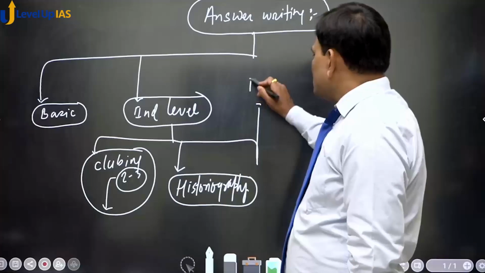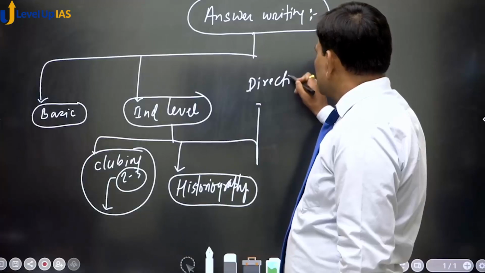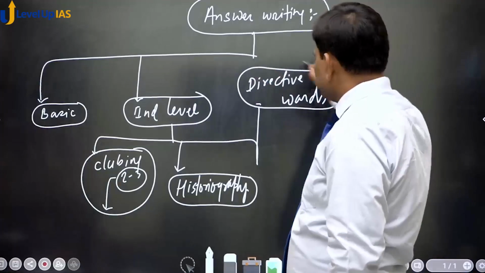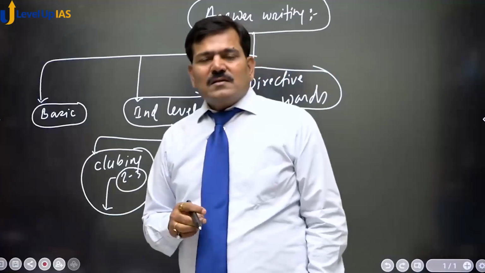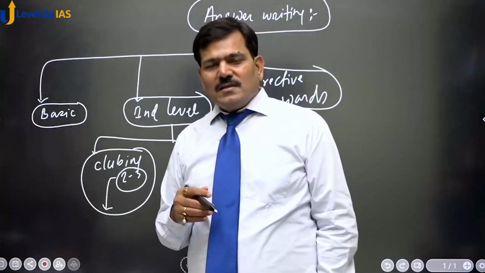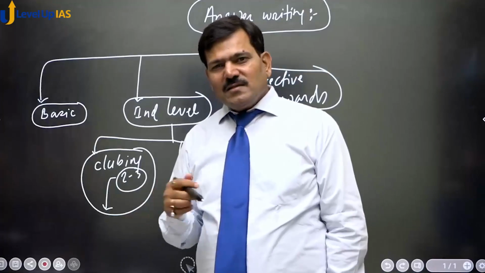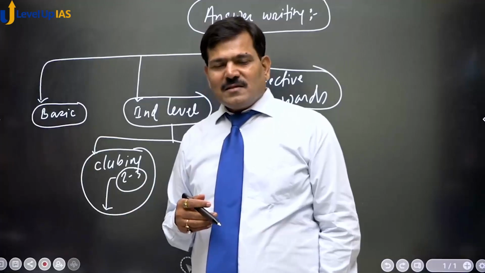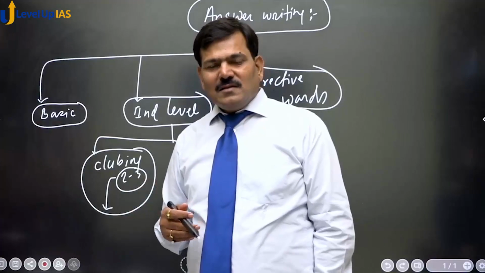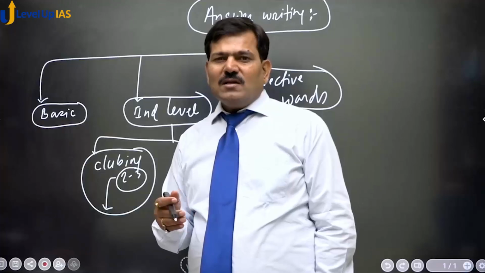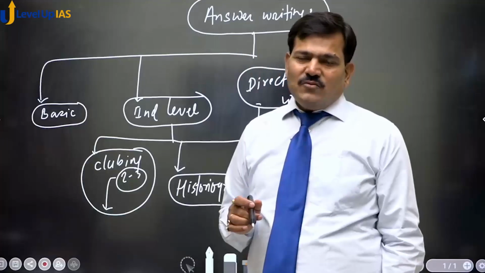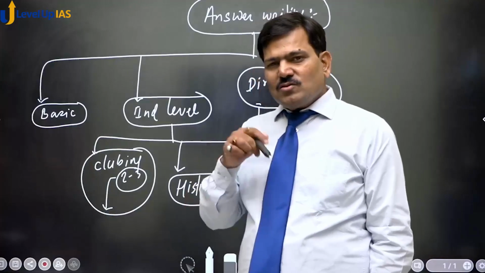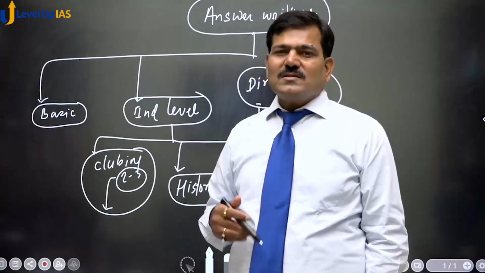The third thing is about the directive words. Directive words like throw light, elucidate, comment, determine the role, evaluate, critically examine. These are the words which are called directive words, in which the examiner has given you a direction according to which you have to construct your answer.